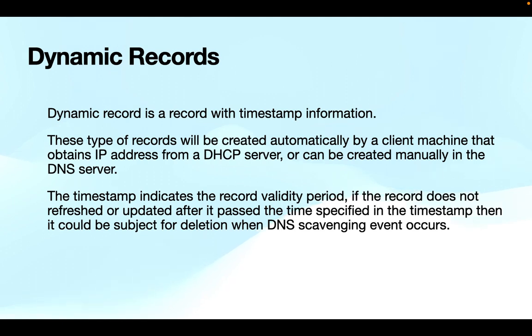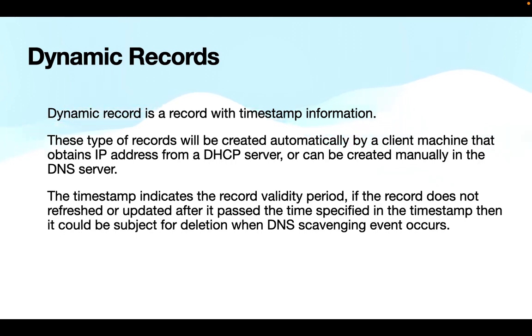We cannot update the IP address manually when a record is created dynamically. We have to change that dynamically registered record into a static one, and then only can we update the IP address manually.